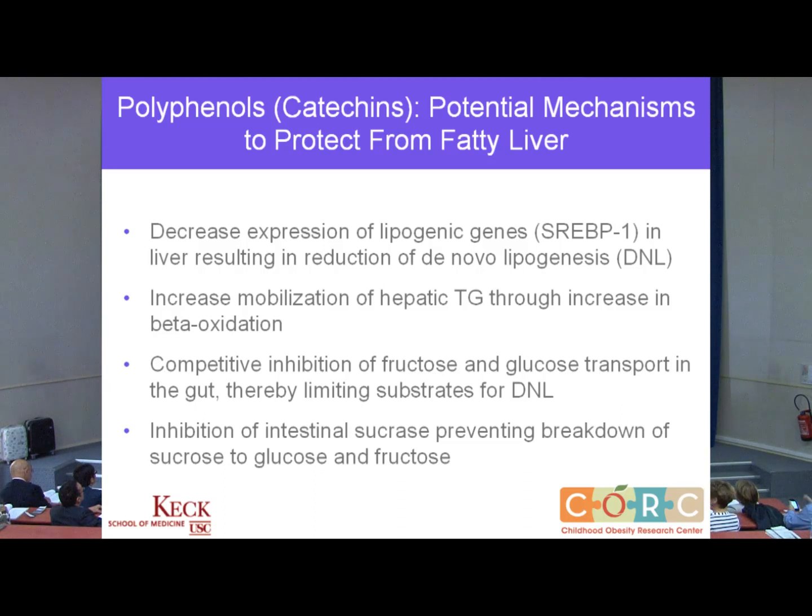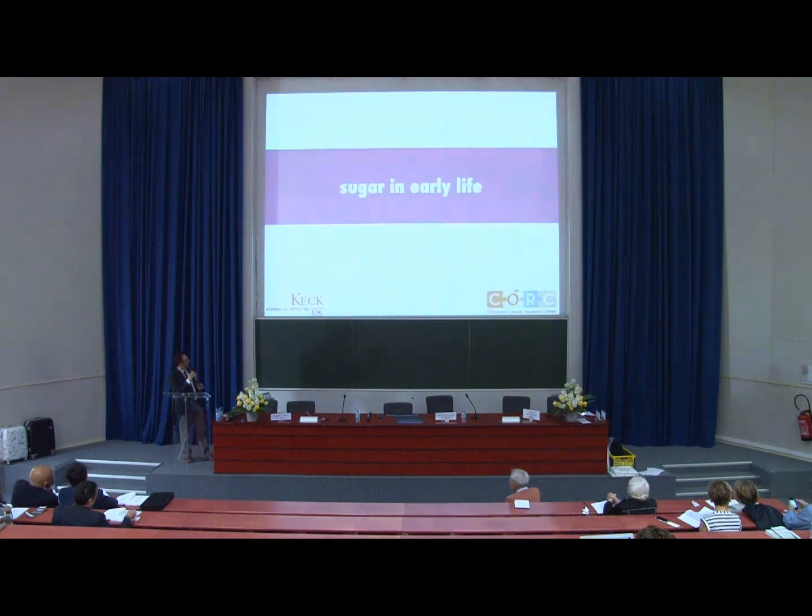And it turns out that some of these compounds competitively inhibit the absorption of fructose and glucose transport in the gut, thereby limiting those monosaccharides, which are substrates, particularly fructose, a high level substrate for de novo lipogenesis. And there's also inhibition of intestinal sucrase by these compounds as well. So it may turn out to be a useful compound for limiting fatty liver.